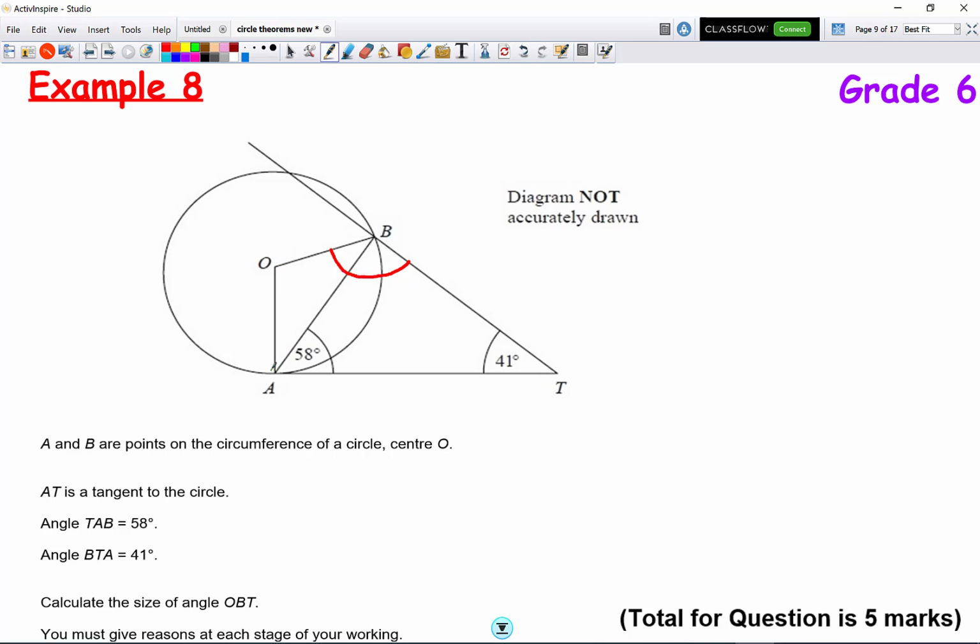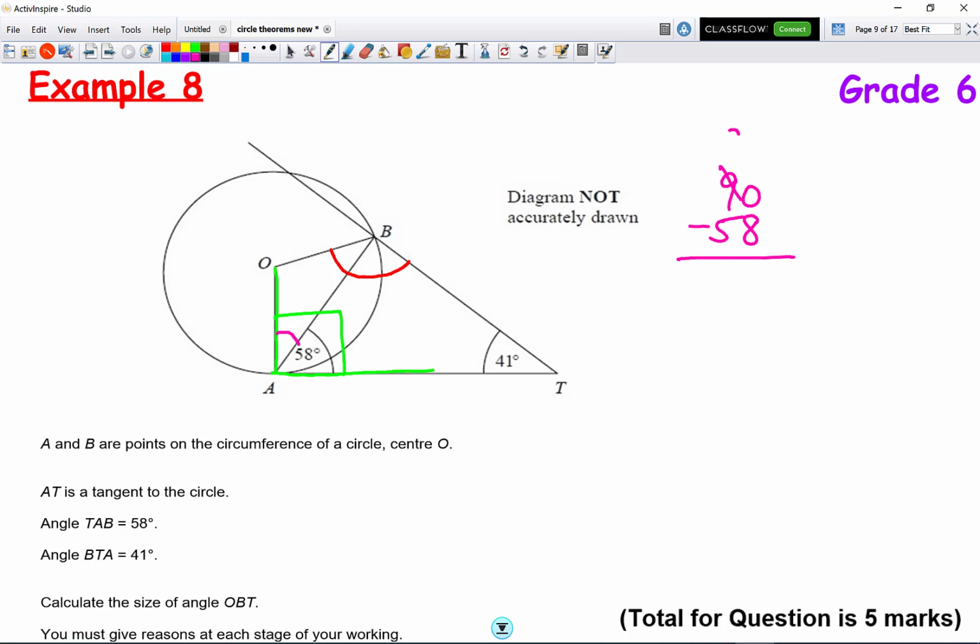I've got OA and AT, so I know for sure that this angle is definitely 90. Then I can also work out what the angle is here. I'm going to do 90 minus 58.